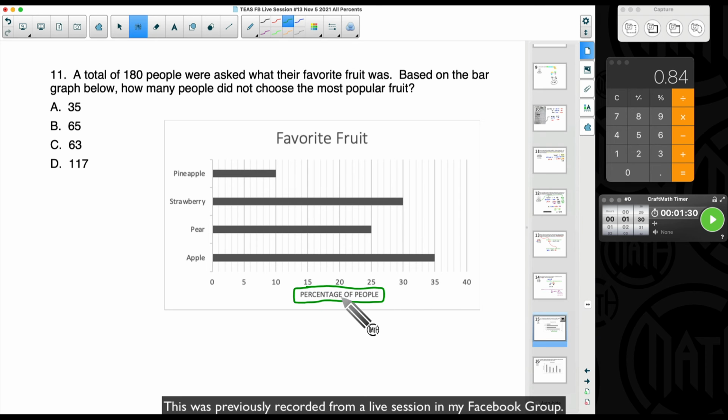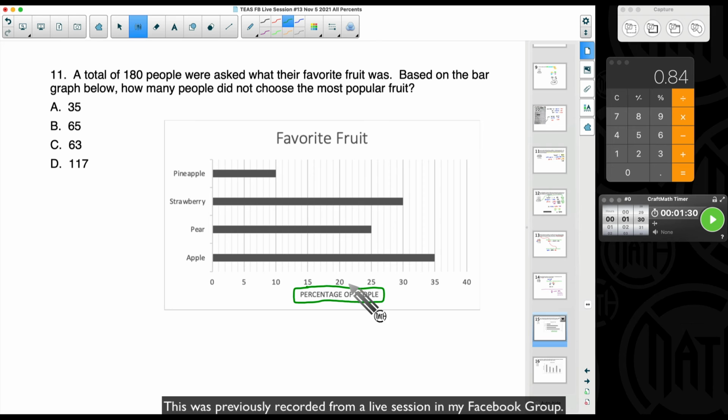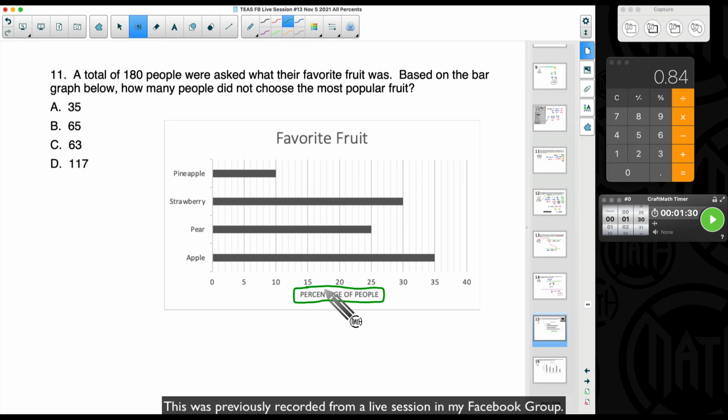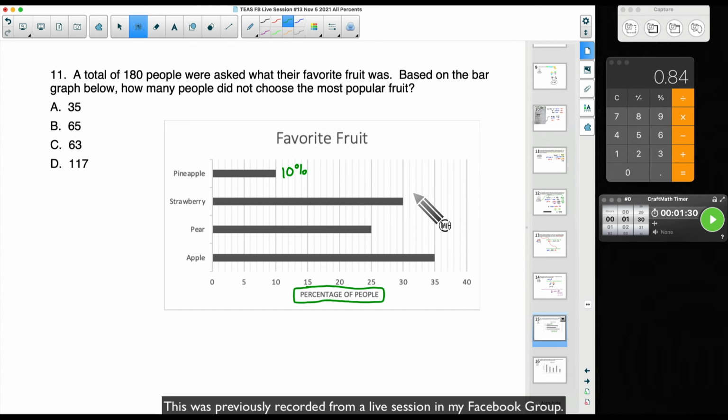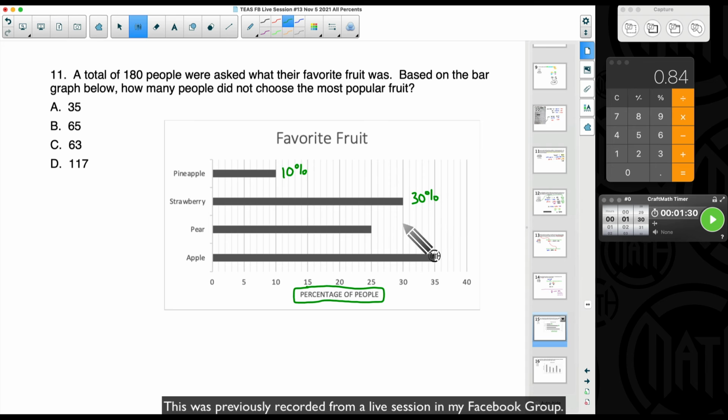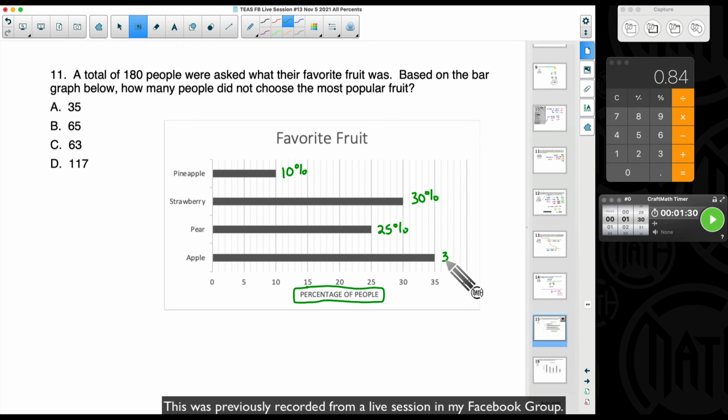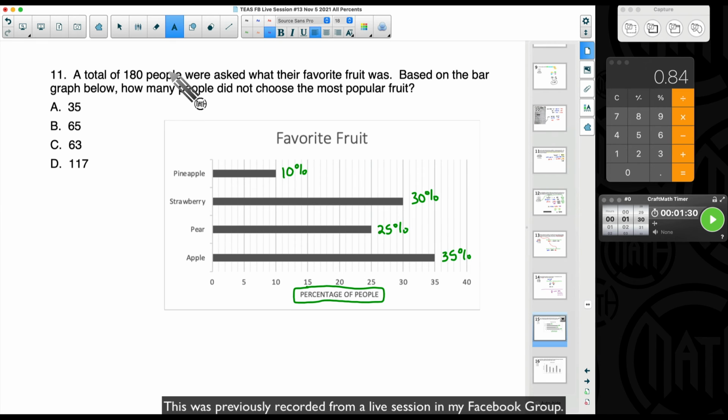Look and see what those numbers represent. These numbers do not represent the number of people. These numbers represent the percentage of people. So this 10 for pineapple is not 10 people, it's 10% of the people. Strawberries, not 30 people, 30%. Pears, 25%. Apples, 35%.